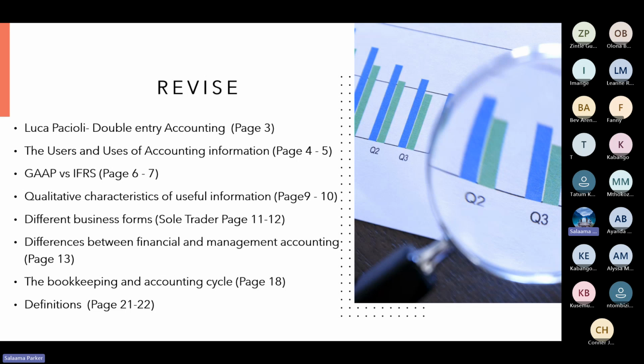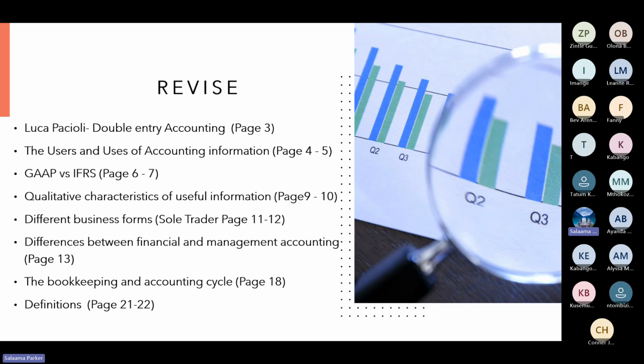Revise your double entry accounting, Luca Pacioli, and who are the users and uses of accounting information. On page 4 and 5, your customers, your suppliers, your investors, so just revise that again.